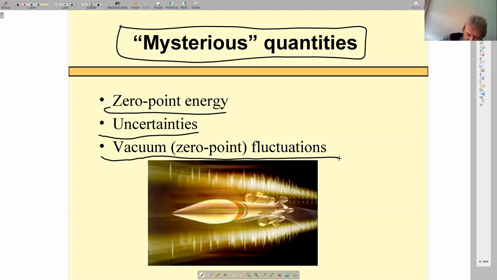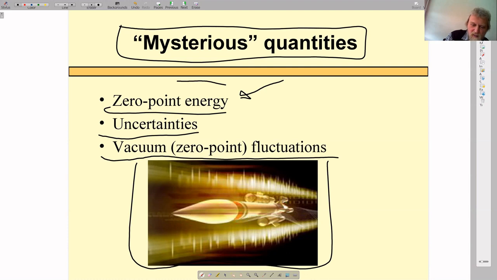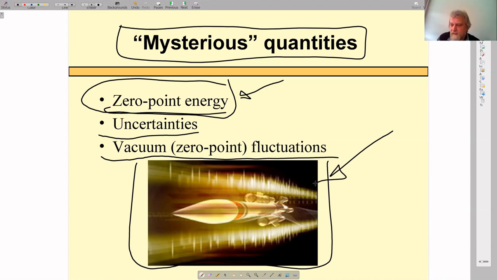That's a standard illustration. It is a sci-fi cosmic ship which utilizes zero-point energy accumulated in a vacuum to achieve propulsion.